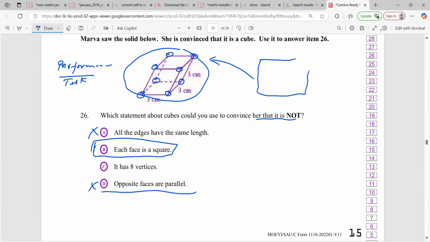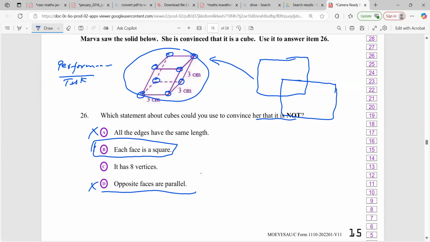But the characteristics of a cube is that all the faces should be squares, right? And all the sides should be squares, right? And it should have 8 vertices. All of them here are true. The opposite sides are parallel. But they are saying, look at this object.